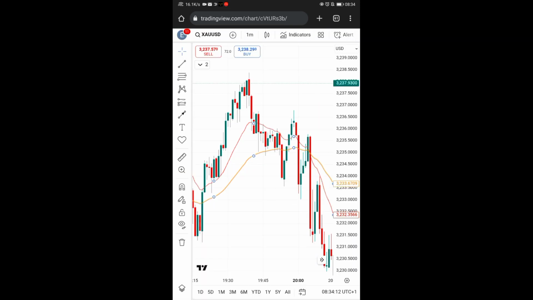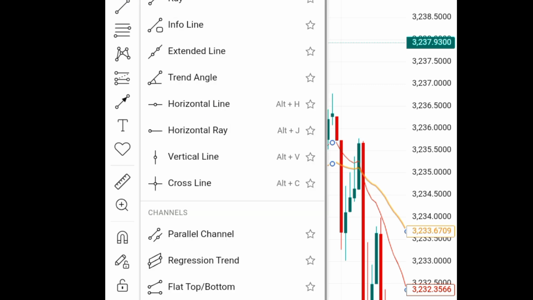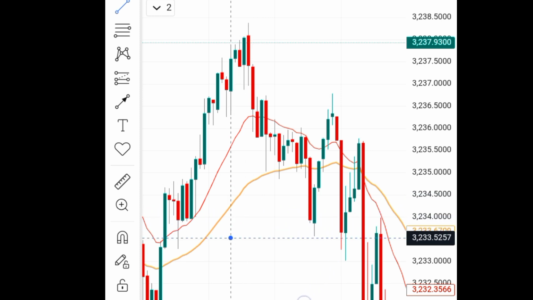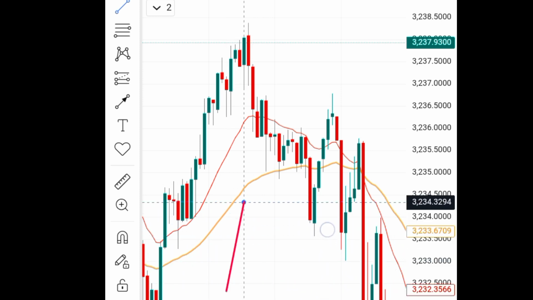Since you've done setting up your EMA indicator, what next are you going to do? The next thing you are going to focus on is you want the market itself to be in an uptrend, and that is what happened here.